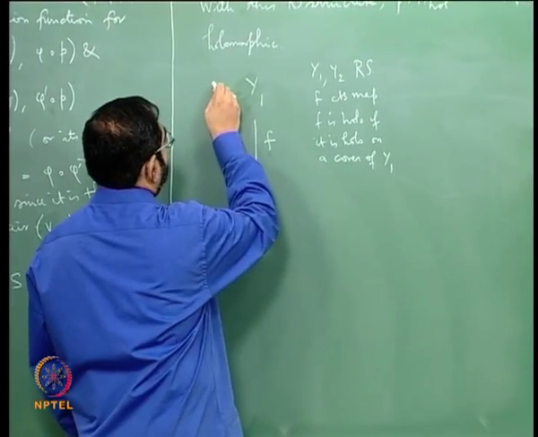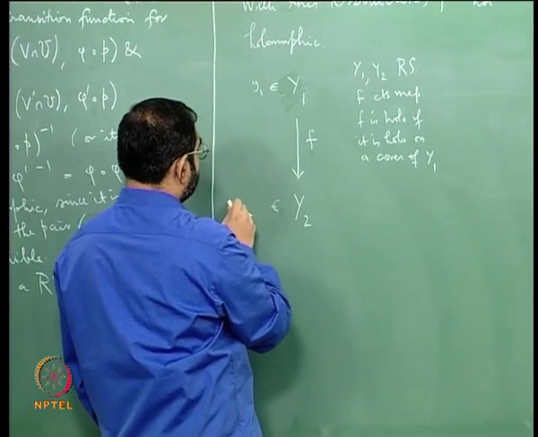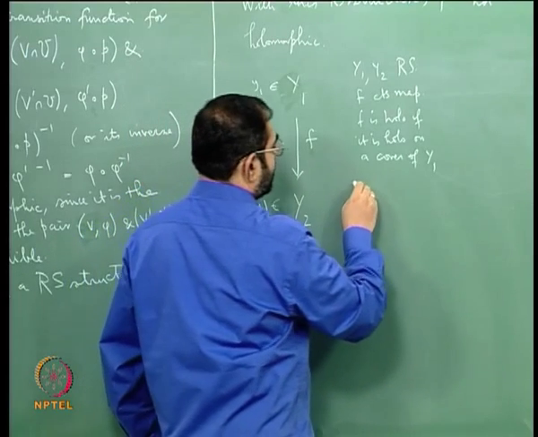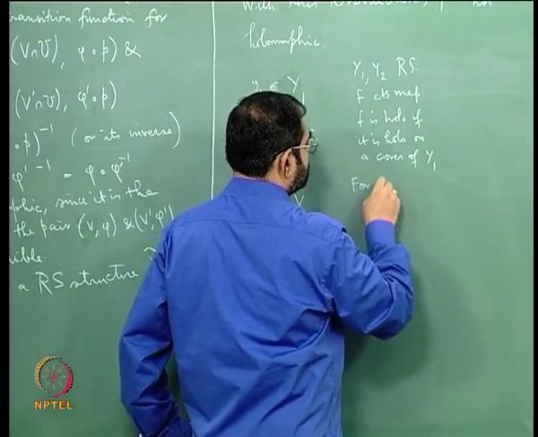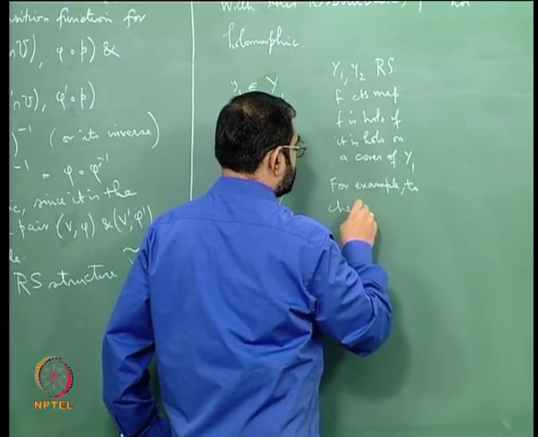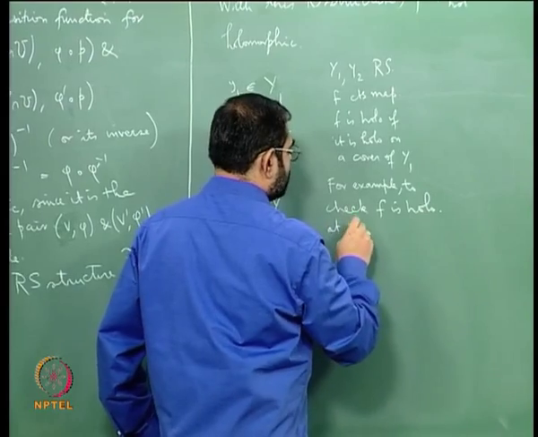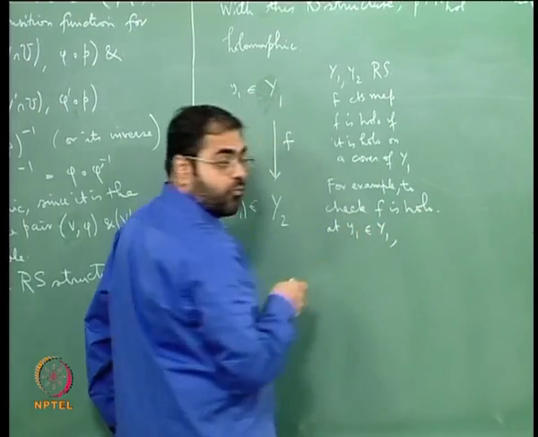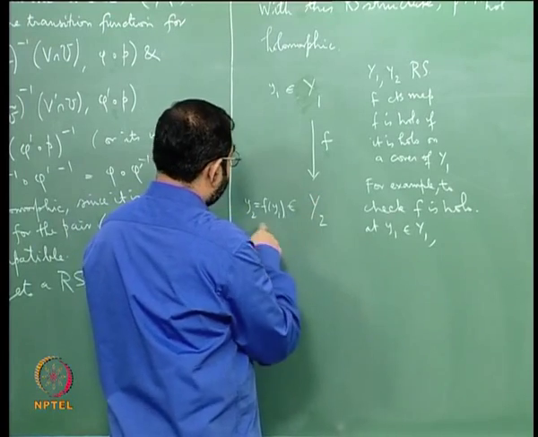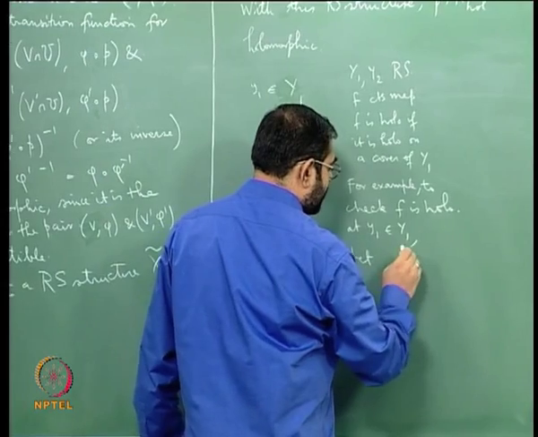So if y1 is a point of y1, and if it goes to a point y2 which is f of y1, okay, for example, to check f is holomorphic at y1, what do you do? Well, you do the following thing, you take a chart centered at y2, okay.